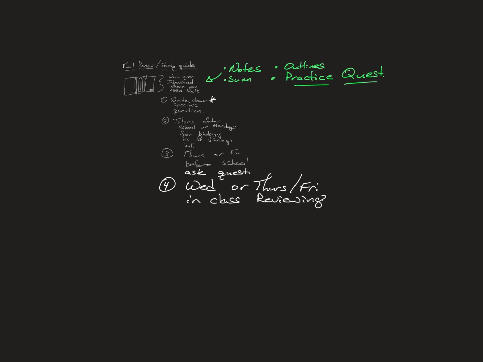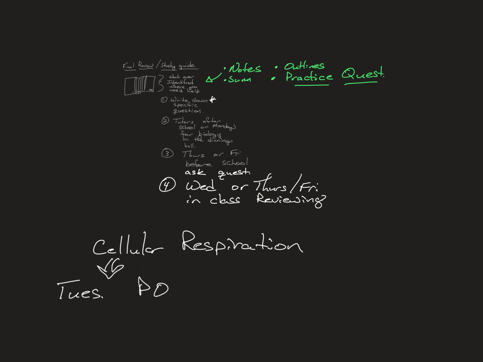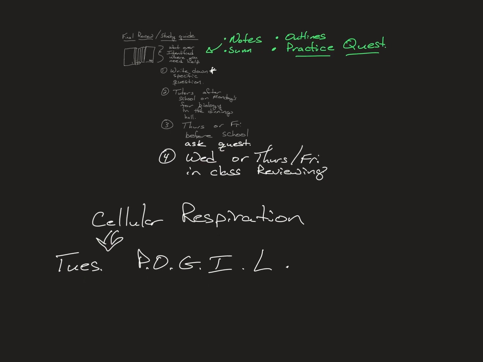Today, let me outline what we're doing. Not photosynthesis, I'm sorry. Today we're doing cellular respiration. And then Tuesday, you're going to do a process-oriented guided inquiry lesson, a POGIL.